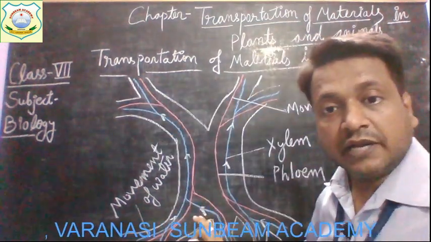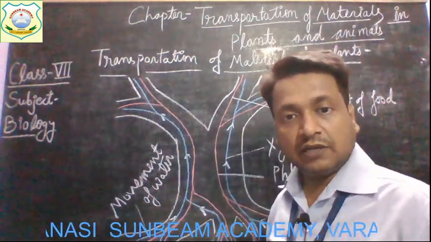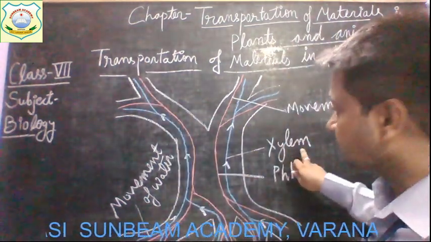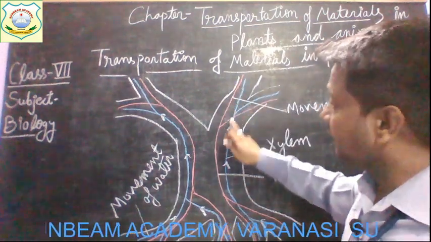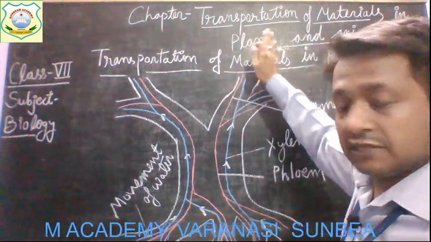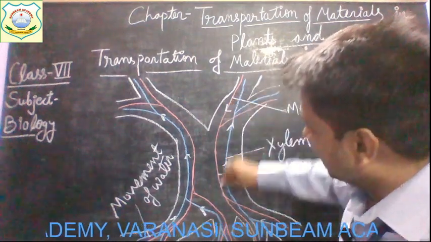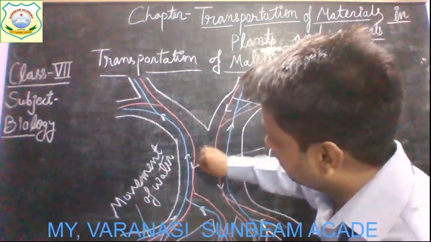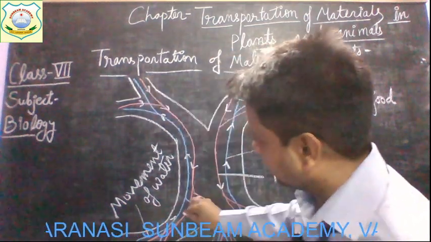They carry water and minerals and transport them to all the parts of the plant, and this is known as xylem tissue. Another, different red colored line is there, which takes the food which is prepared in the leaves, that is the tip of the plant, and transports it to all parts of the plant.